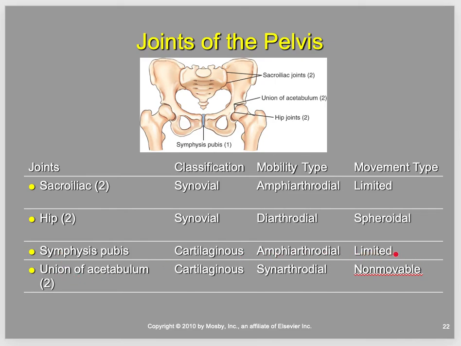It has some movement because it will separate and allow movement during childbirth. And then the union of the acetabulum is cartilaginous, synarthrodial, and then non-movable. So that's the union of the acetabulum where those three bones join to create the acetabulum.